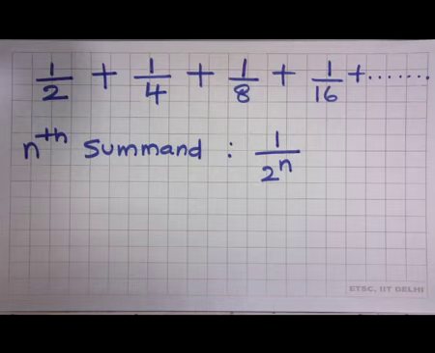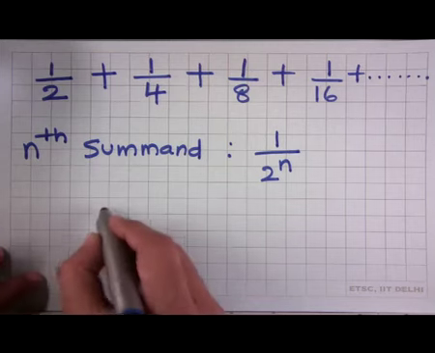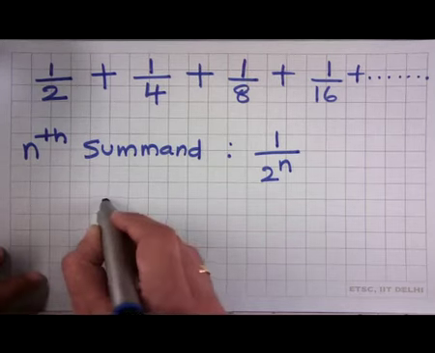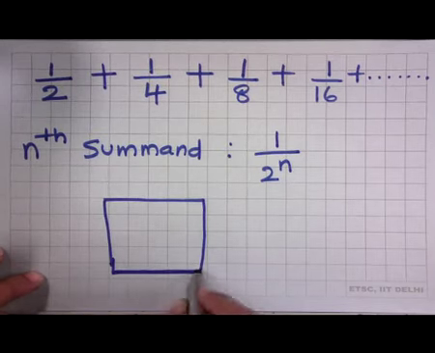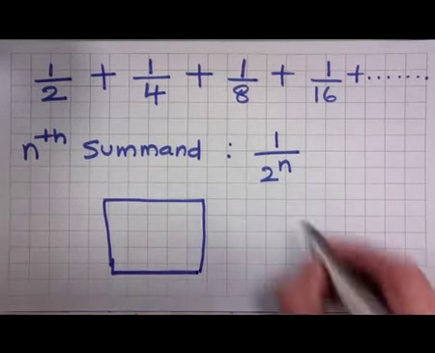But then let us view this problem slightly differently with the help of geometry. You consider a unit square whose side lengths are 1.